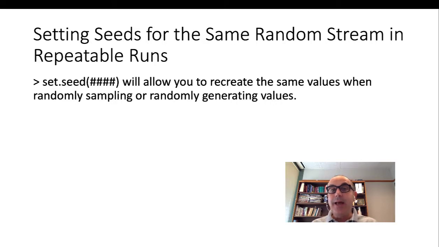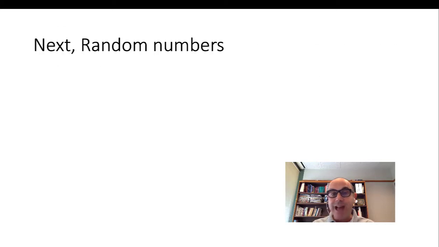Setting seeds for the same random stream in repeatable runs. One of the things that we will see quite often, with a lot of examples with visualization, is that we use set.seed, which allows us to recreate the same values when we randomly sample or randomly generate values.